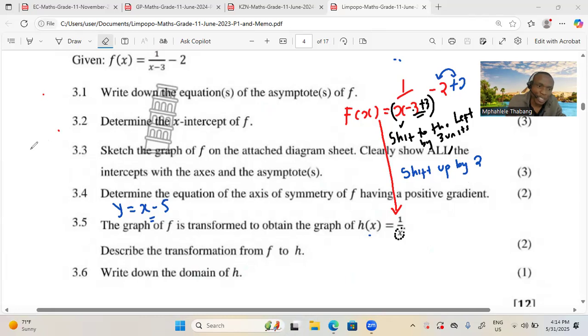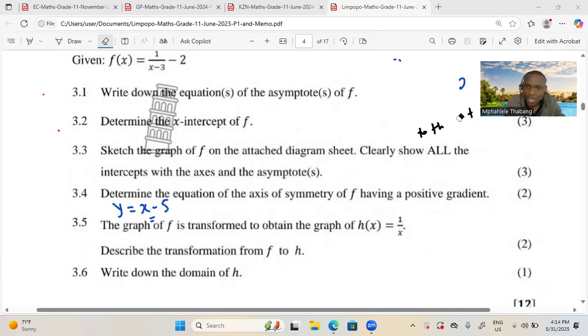Let me explain this so that you can recall it in your exam. If I give you a function f of x, like this one, I say f of x equals 1 over x minus 3 minus 2.